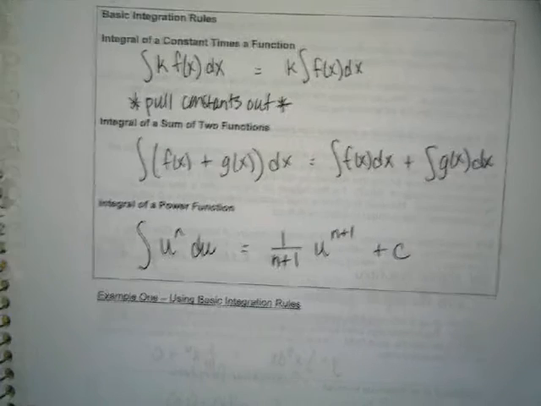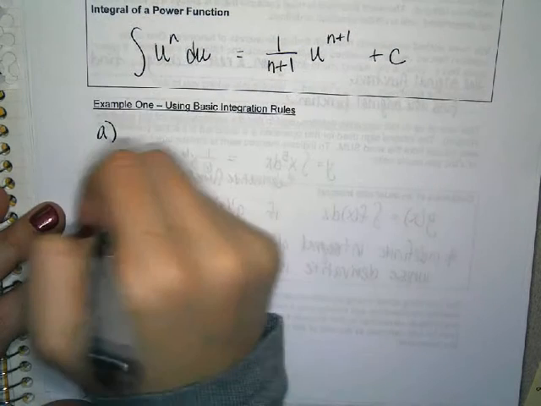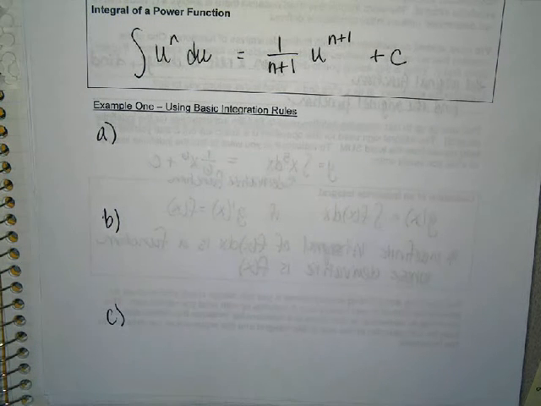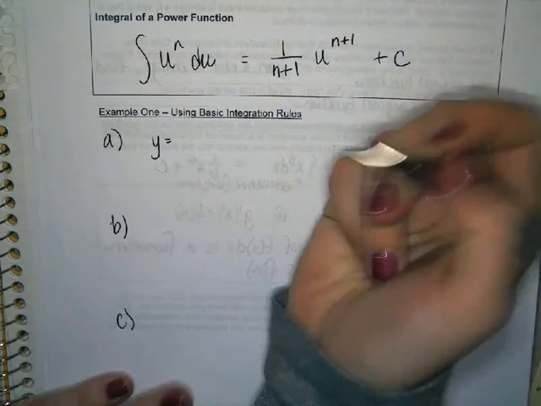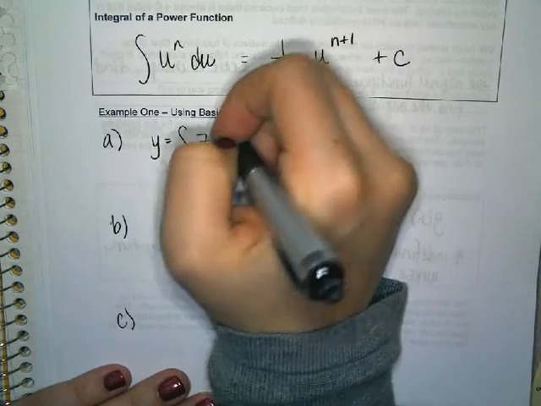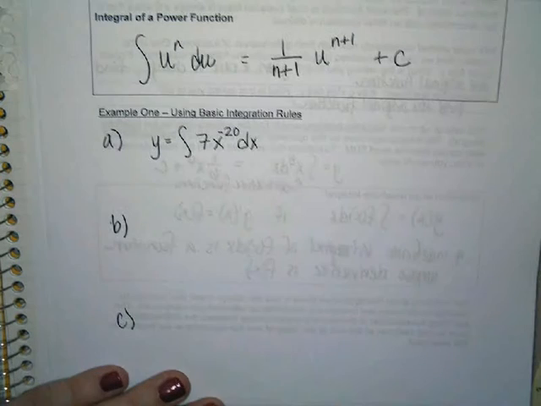When I integrate this, I'm going to add 1 to the exponent and divide by it. And this 7 just gets stuck in that expression. Adding 1 to the exponent gives me negative 19, divide by it, so 7 over negative 19, and then x to the negative 19th, plus C.